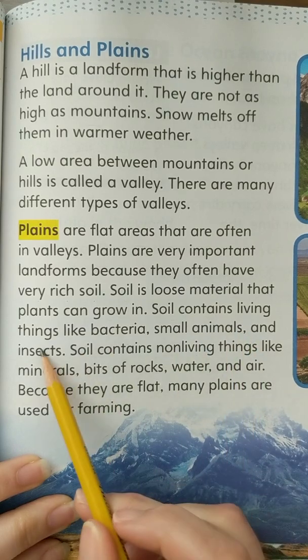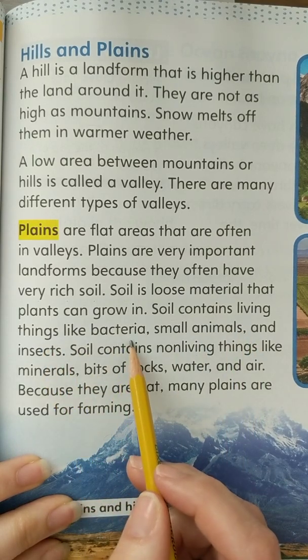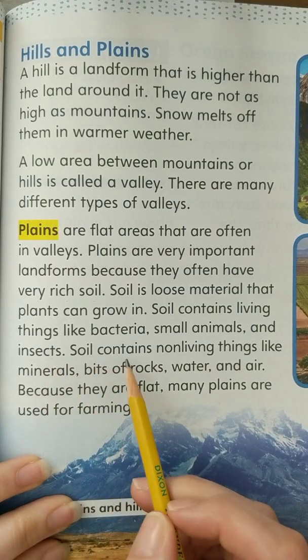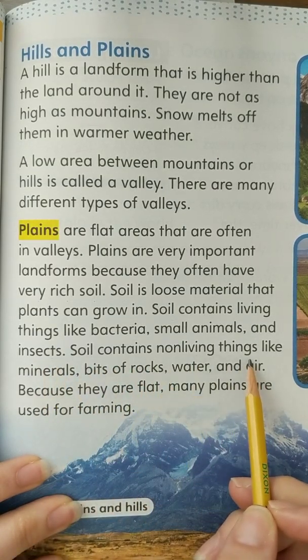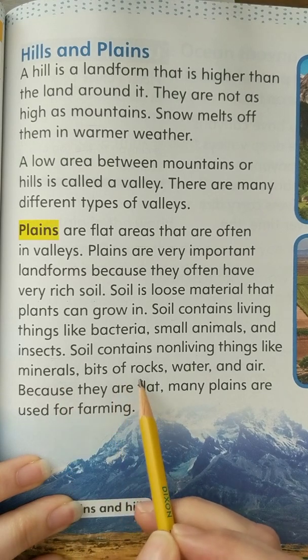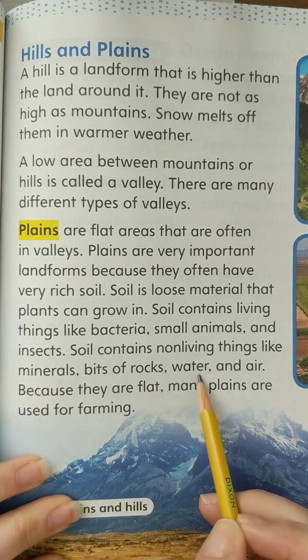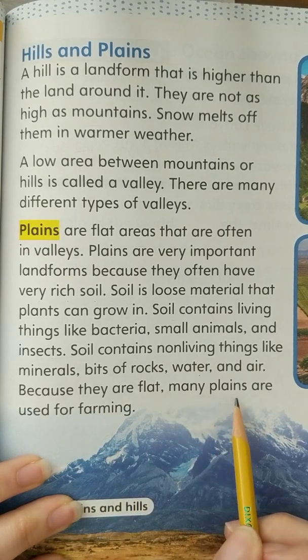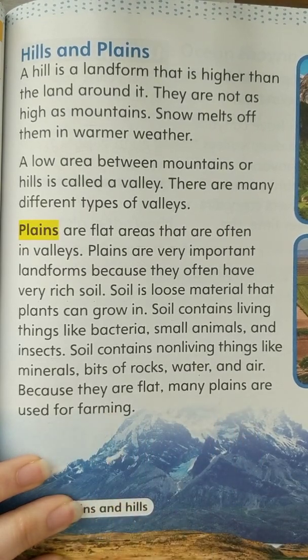Soil contains living things like bacteria, small animals, and insects. Soil contains non-living things like minerals, bits of rock, water, and air. Because they are flat, many plains are used for farming.